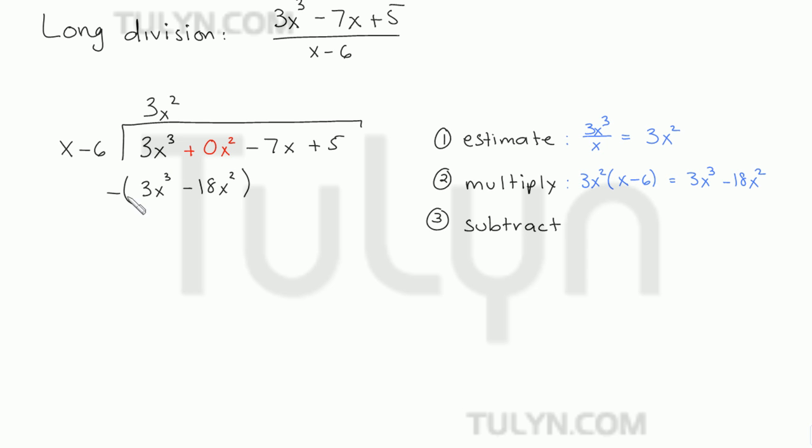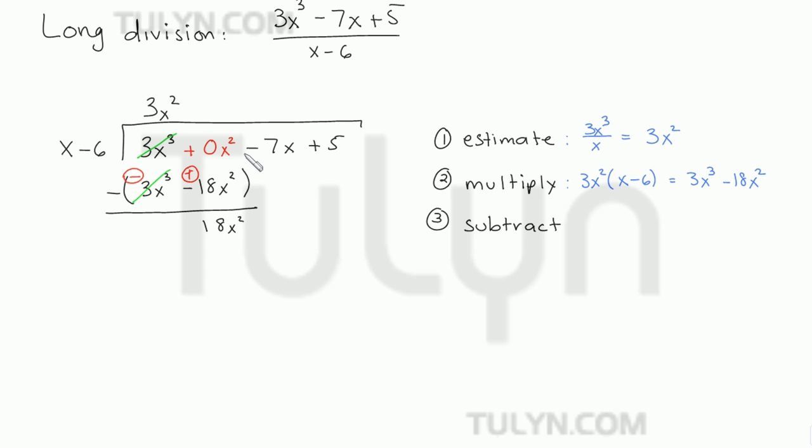And when we subtract, if we distribute this negative in, the 3x cubed is going to become negative, and the 18x squared is going to become positive. So then when we do our subtraction, the 3x cubes are going to cancel out, and we're going to get 0x squared plus 18x squared, which is just 18x squared.